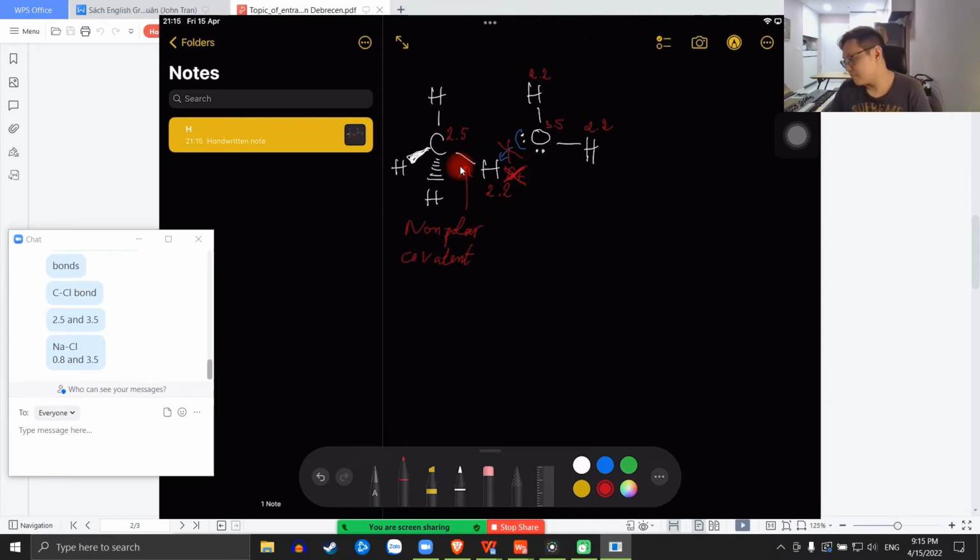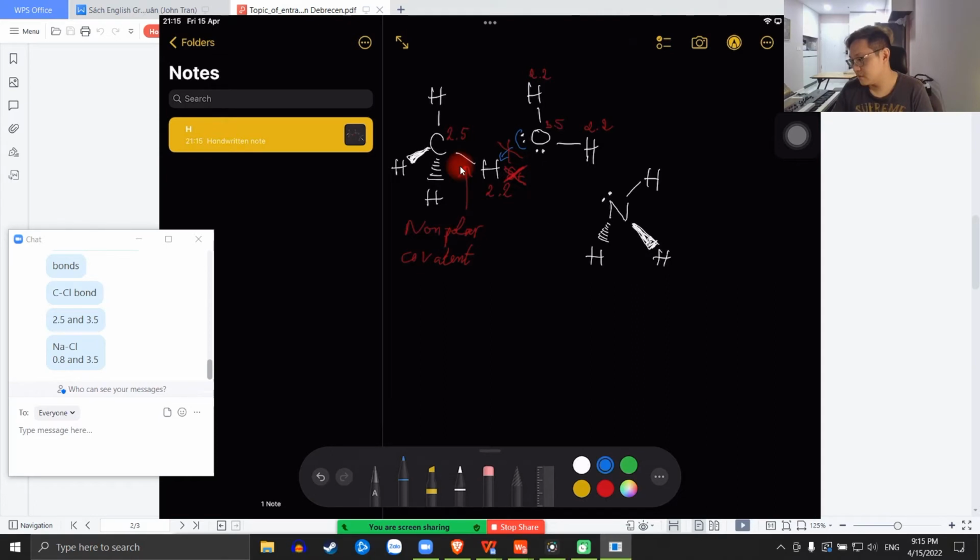However, look at another case. I'm going to draw ammonia, for example. I can draw it any way I want, of course, as long as these bonds are apart from each other. Of course, ammonia has a lone pair, isn't it? Yeah, it has a lone pair.